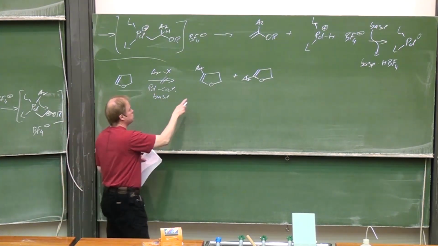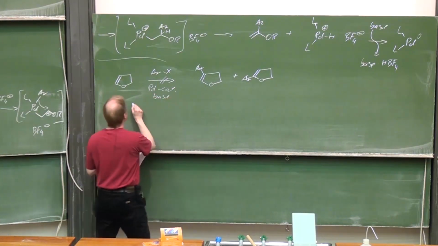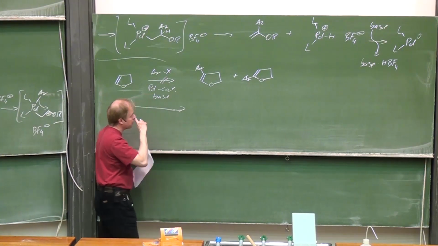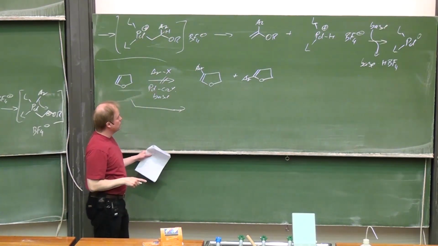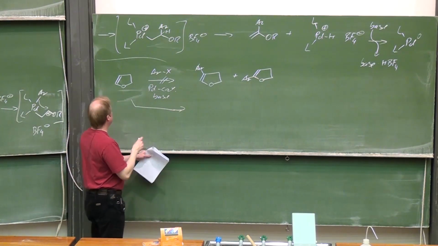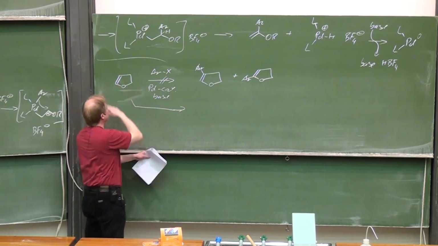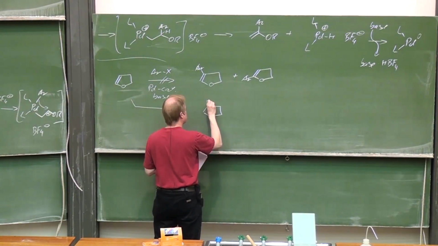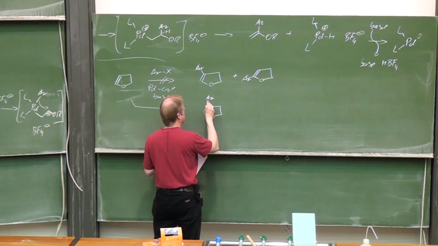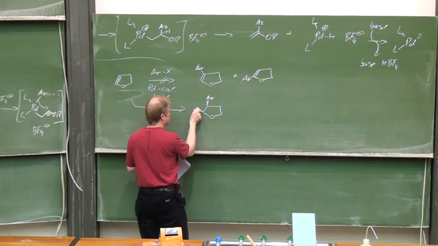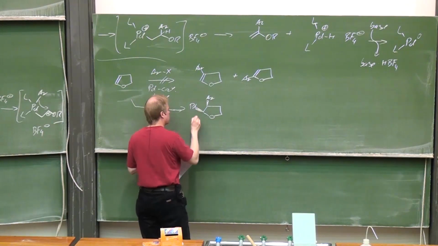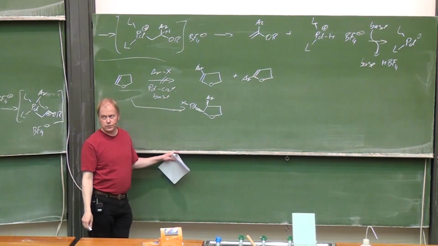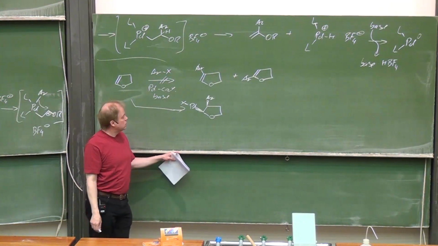For the formation of this one, we would have the arylation or the carbopalladation at that double bond, in the sense that the aryl group is introduced here, and this is, of course, important. The carbopalladation is always a syn selective addition process.